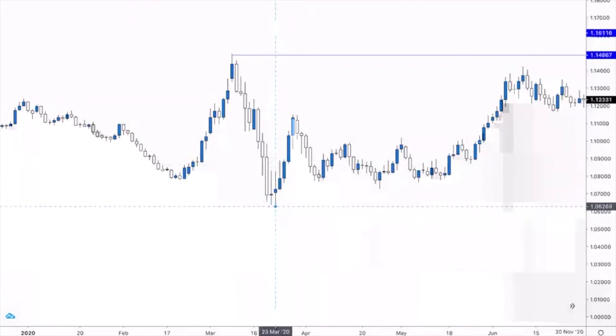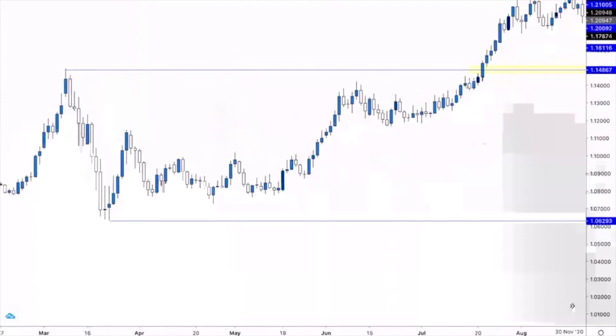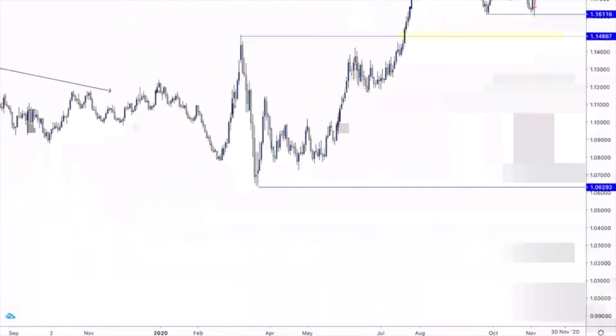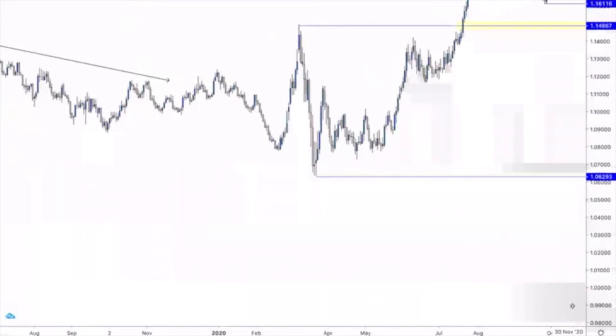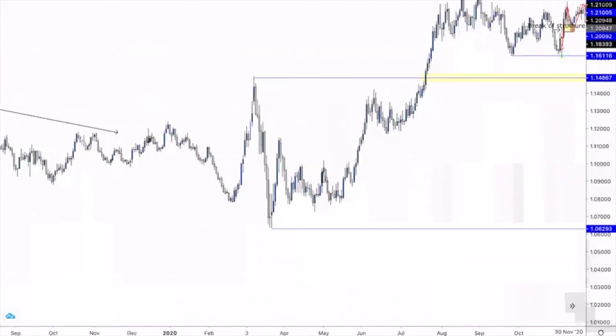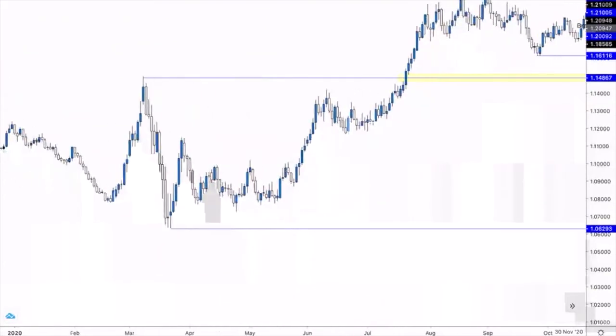And if price is sticking in that range, then it is inside of a range. So understanding it's inside of a range, where are we looking for buys and where are we looking for sells?